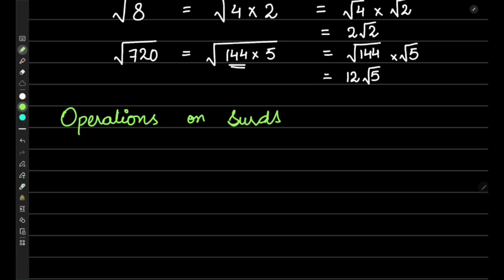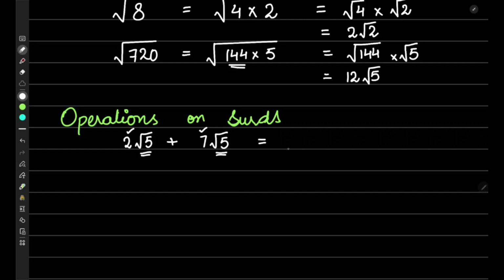If you have two surds added up, like 2 root 5 plus 7 root 5, you can only add them if you have a common surd. If you have a common surd, you can just add up the coefficients like you add like terms in algebra. The common surd will make them like terms that you can add or subtract.